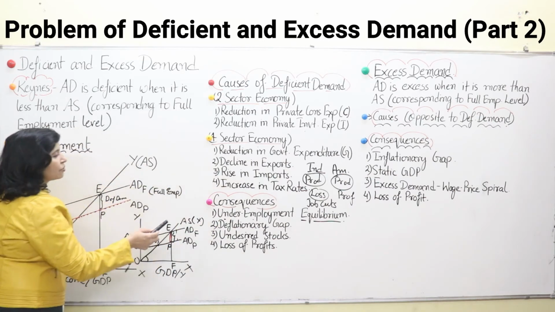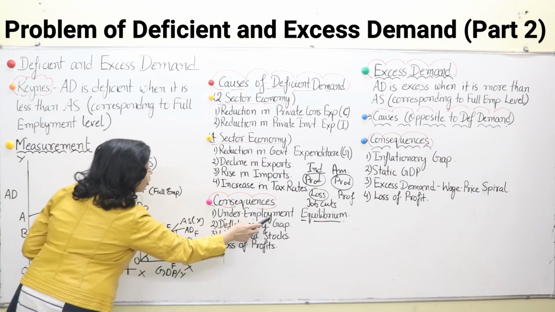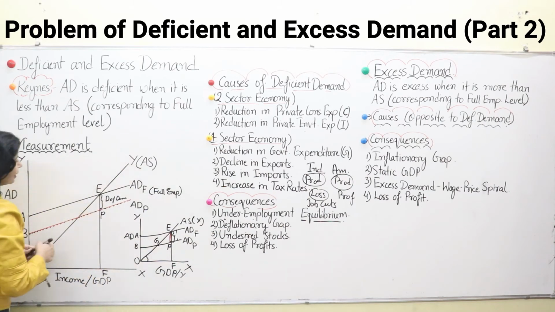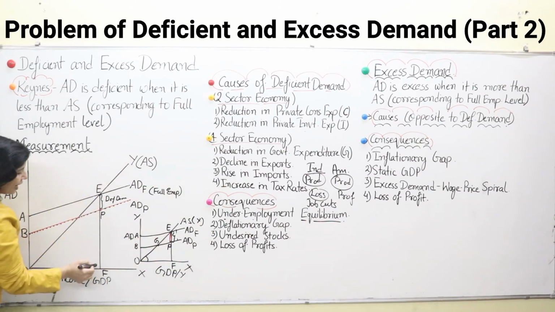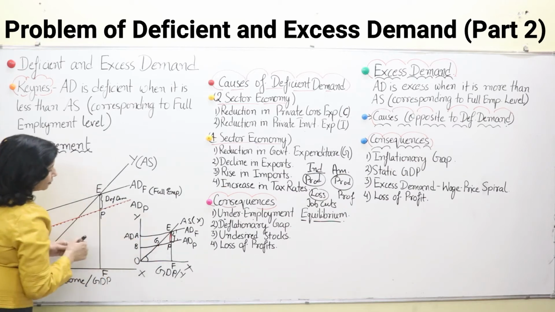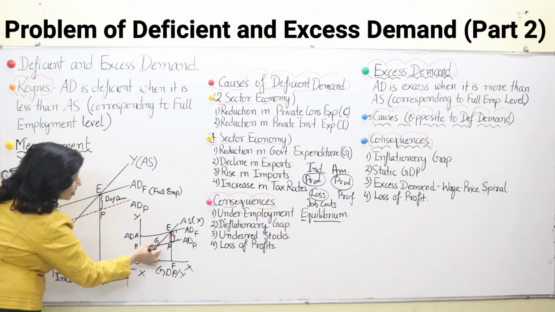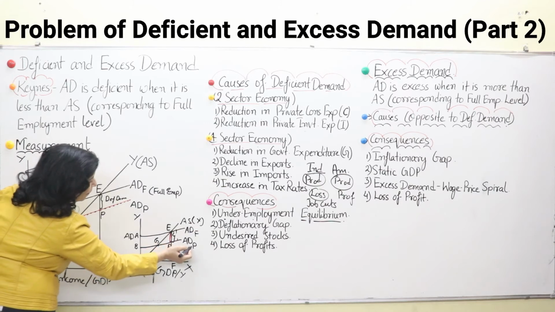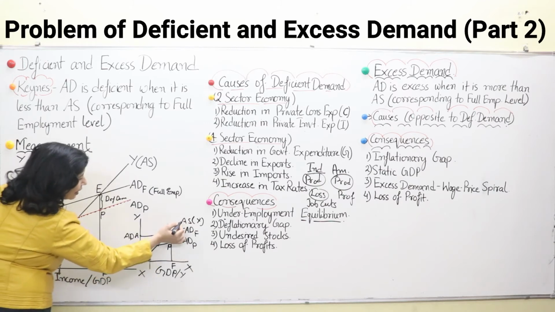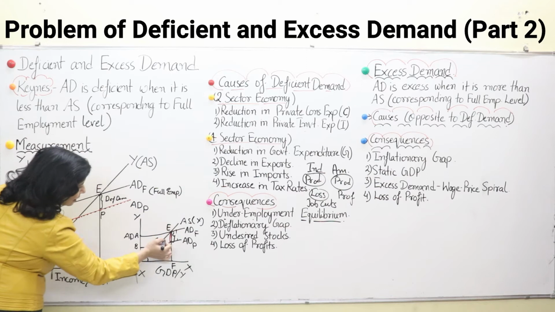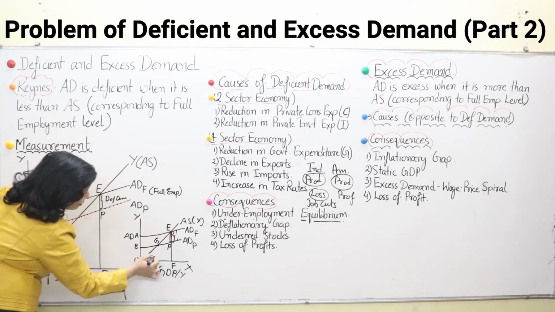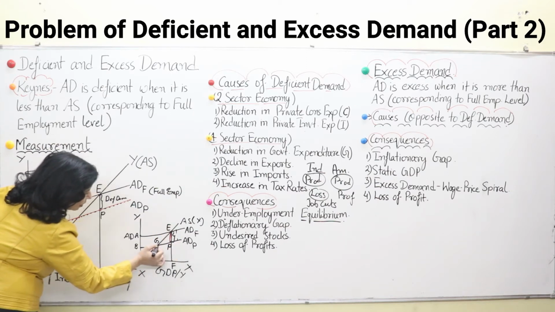Here we need to see the underemployment equilibrium, where at E point we have full employment equilibrium. We have already discussed. Now I am drawing it here. At point G, planned aggregate demand is intersecting with the aggregate supply curve. This is the aggregate supply curve, the 45-degree line, right? And this is the aggregate demand curve where they intersect.